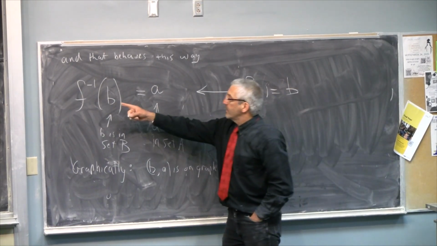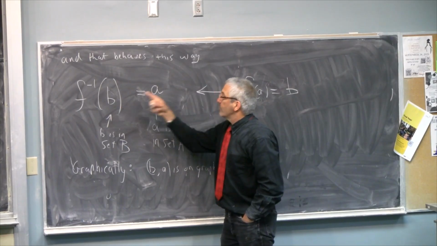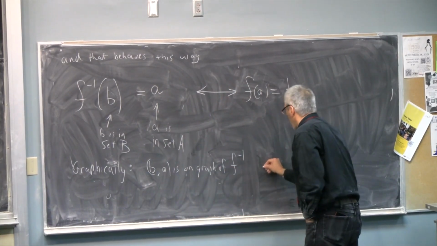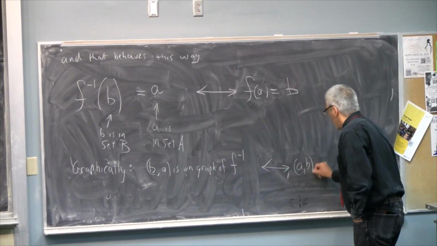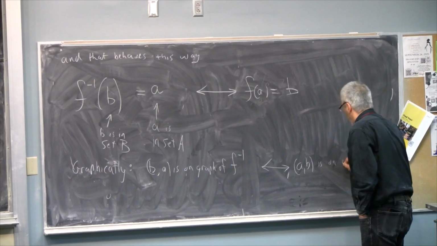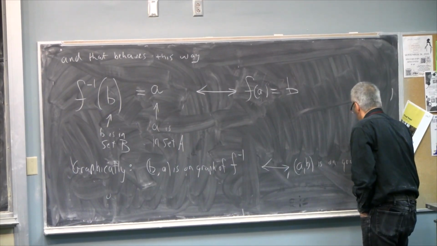That's an x value, and that's the resulting y value. That only happens when (a, b) is on the graph of f.